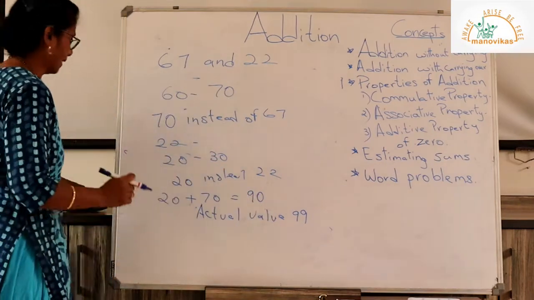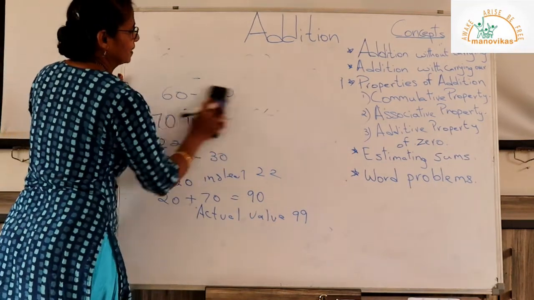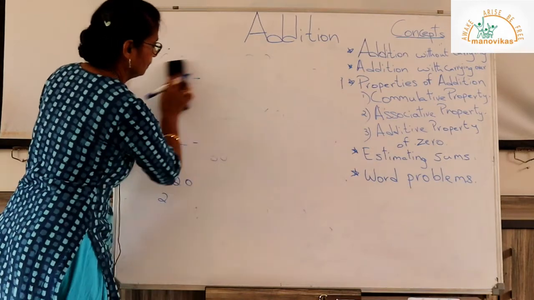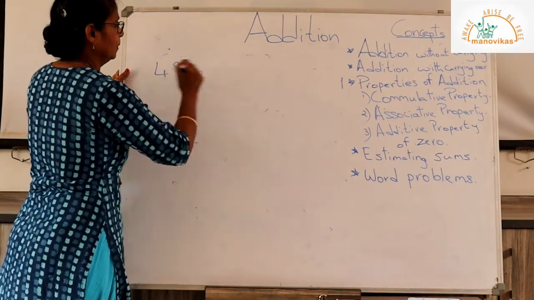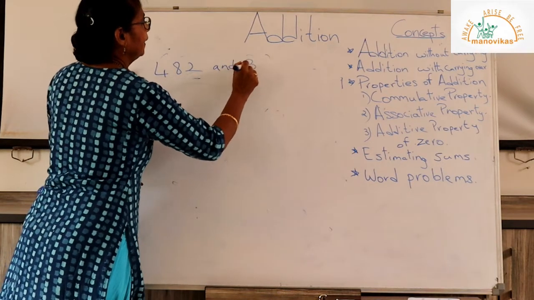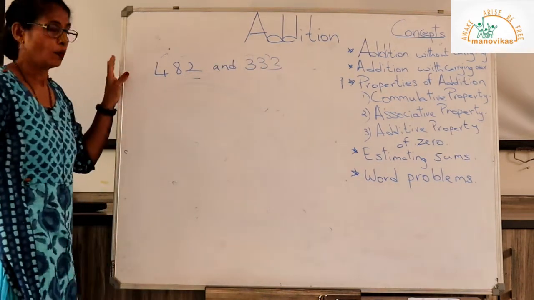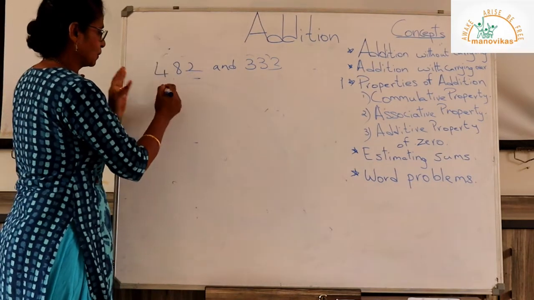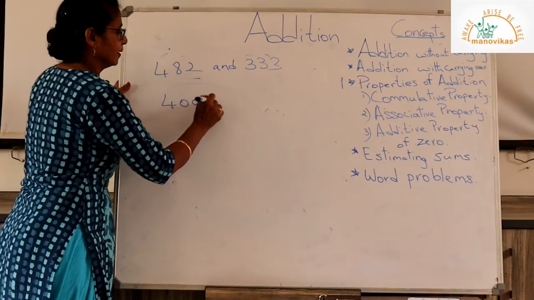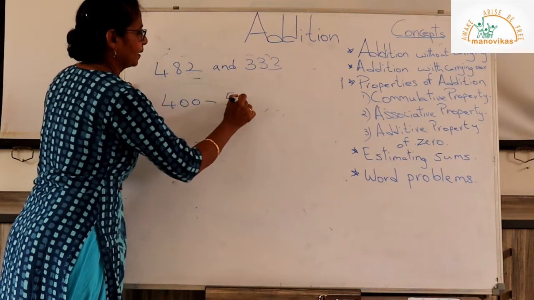In a similar way, if it's a 3-digit number, for example 482 and 333, what we do now is, we know that 482 is between 400 and 500.